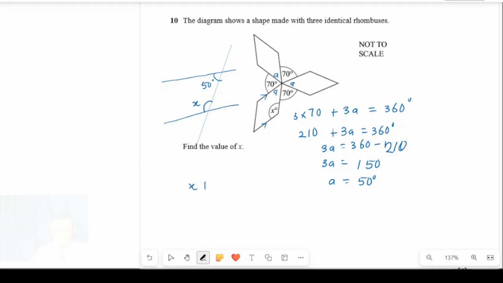So x plus 50 equals 180 degrees. So x equals 180 take away 50 degrees, which will give us 130.